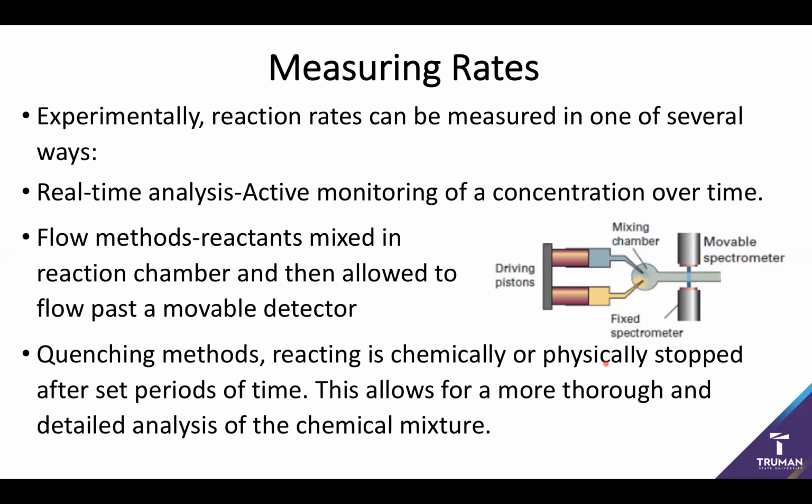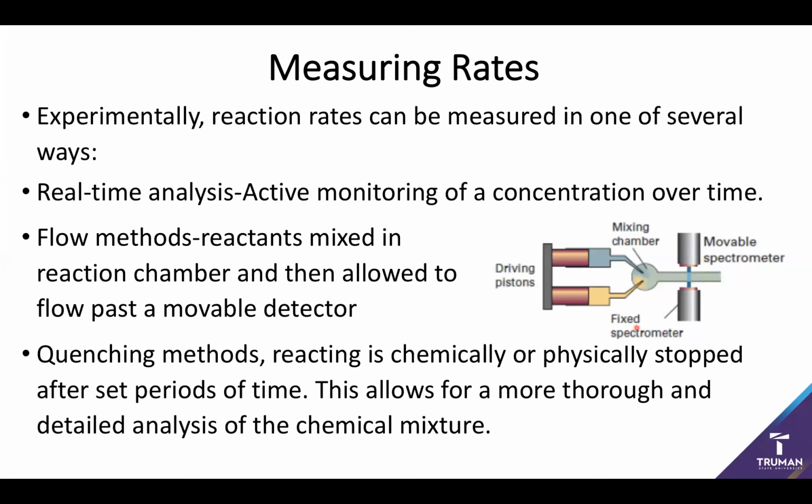Because as we'll see later, as the temperature drops, all of our rates tend to drop as well. And so you'll often see these used quite commonly in the literature. And again, one of the biggest benefits is that it allows for a more thorough analysis of the chemical mixture at each and every point of time, especially if you have a species that isn't conducive to UV vis spectrometry.